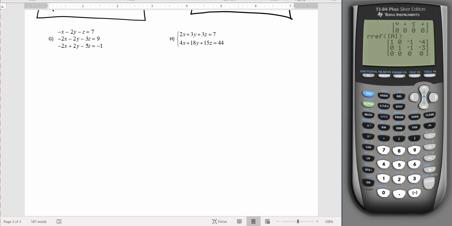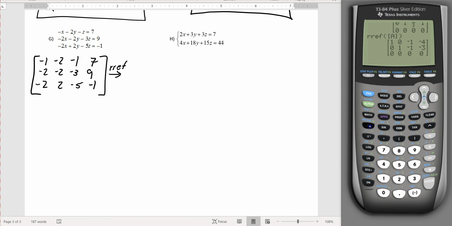So looking at letter G, we got 3 equations, 3 variables, so we're not sure how many solutions this one will have at this point. We're going to start by writing our augmented matrix and RREF that. Second matrix, go to edit.